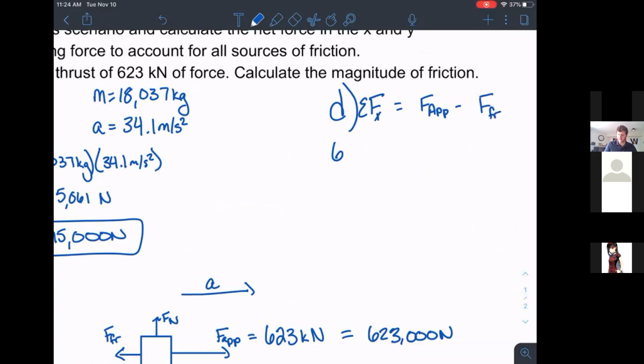So we do our 615,000 newtons equals that 623,000 newtons minus our force of friction. And how am I going to get my frictional force by itself? By subtracting the 623 from both sides. Right. And if I do that, what do I get on my left side?